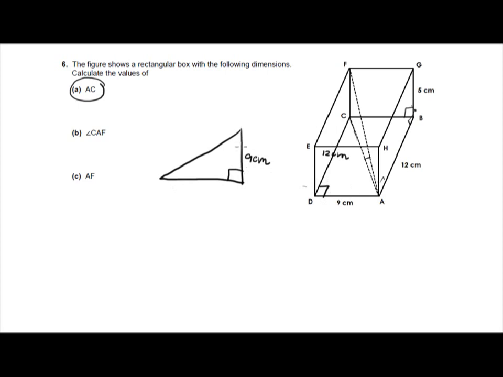So if this is the 9 centimeters, this must be the 12 centimeters. Okay, so this side is actually your AC. This is the A and this is the C. Since we're coming from the 9 centimeters, following the 9 centimeters, this should be the A.